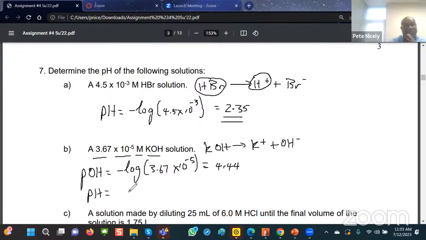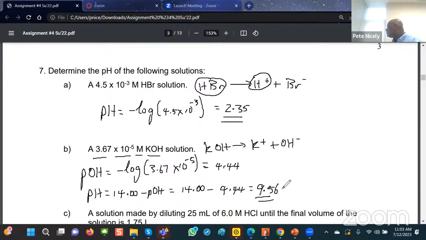Okay, so the pH would be equal to 14.00 minus the pOH, which we just calculated. So that's 14.00 minus 4.44. And according to my calculations, that becomes 9.56. And that's it. That's how that is done.